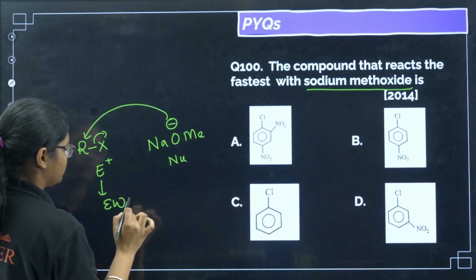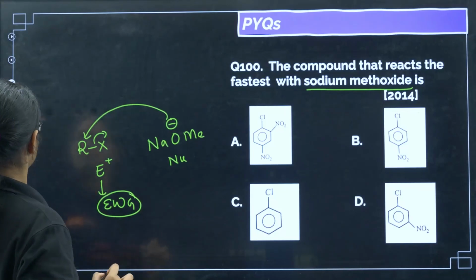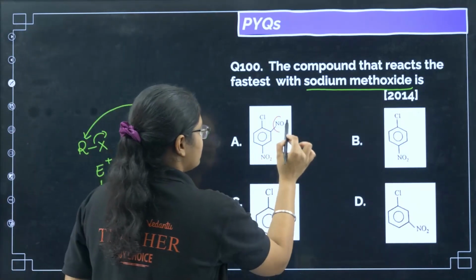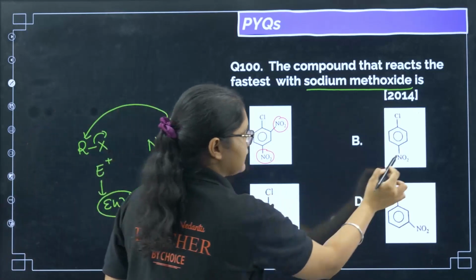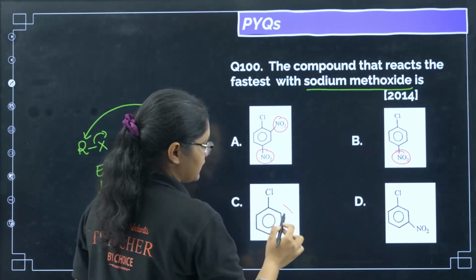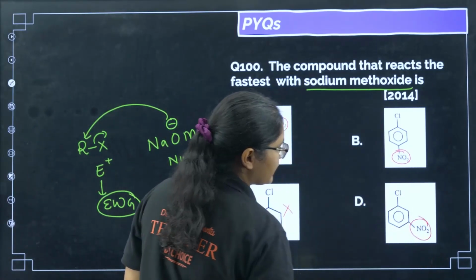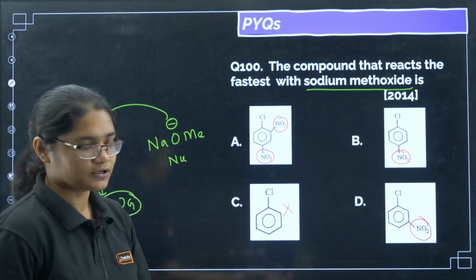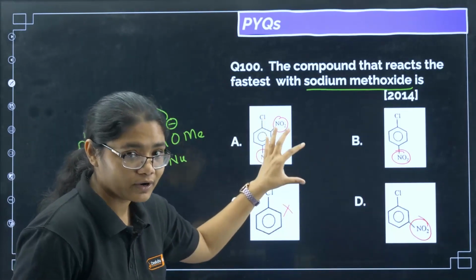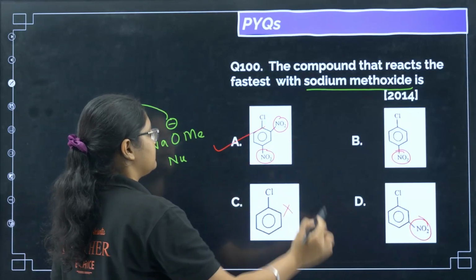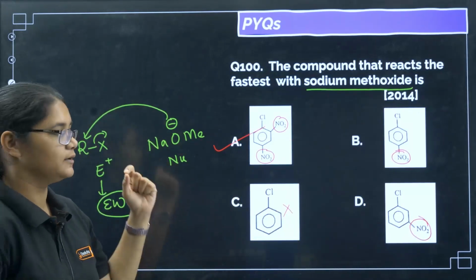If I have electron withdrawing groups. If I see the options here, we have two electron withdrawing groups, so definitely this is most electrophilic. Here I have only one electron withdrawing group, here no electron withdrawing group. Here the electron withdrawing group is present at the meta position, but only one is present. Here two electron withdrawing groups are present, so it will be more electrophilic, so that is why it will react fastest, so option number A.